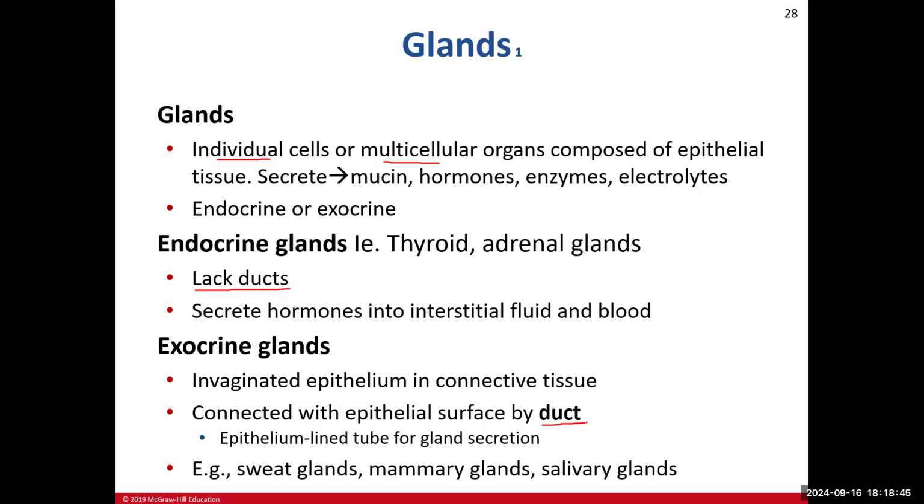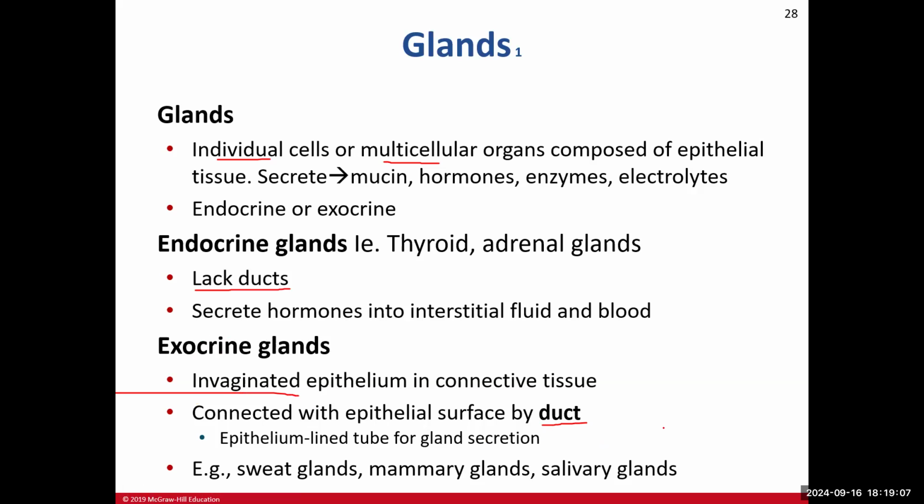So at one point, they sat on the outside, but then the specialized epithelium just pushed its way down. That's what we talk about, that it is invaginated. It pushed down through the layers of epithelium down into the connective tissue in the second layer of your skin, like the dermis, which we'll learn about in lab today. So you'll know much better what I'm talking about here.